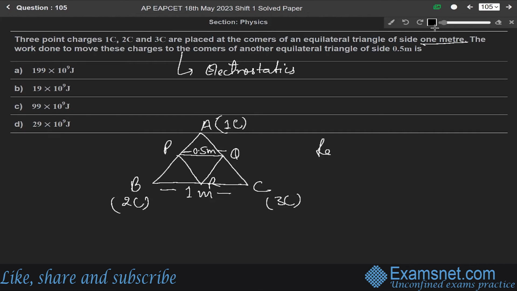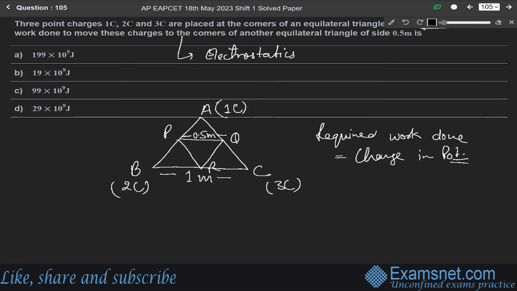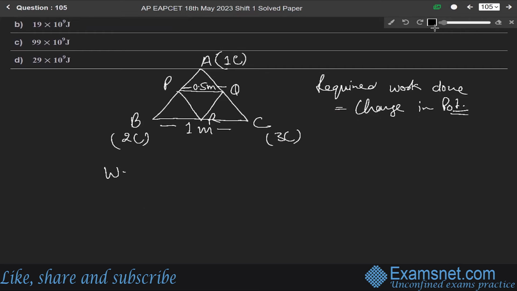Now the required work done will be the change in the potential energy in the two configurations. So work done will be equal to potential of PQR minus potential of ABC. So solving it, what is the formula for potential?